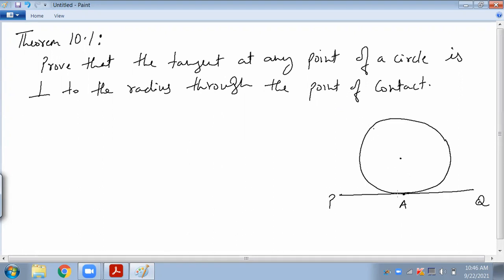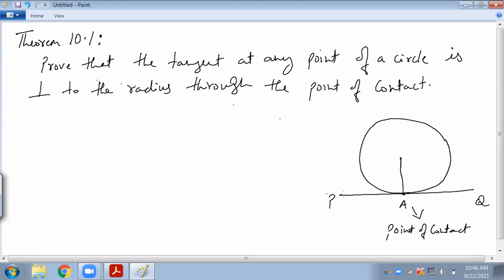So tangent and radius will be perpendicular. The point where the tangent touches the circle is called the point of contact. Now at the point of contact, we'll draw a radius, and we have to prove that the radius and tangent are perpendicular to each other.